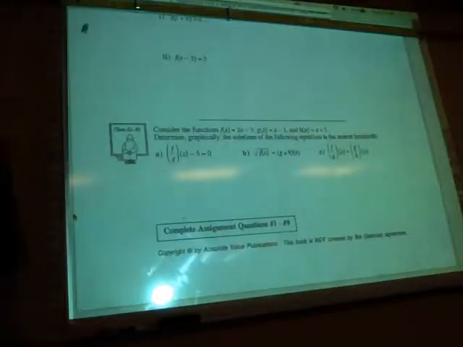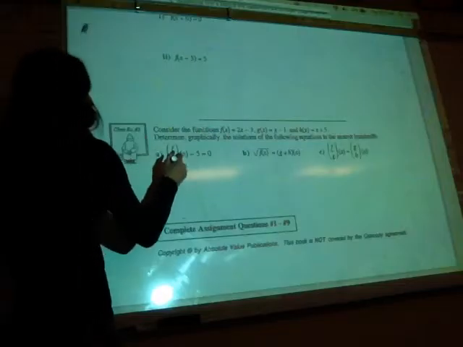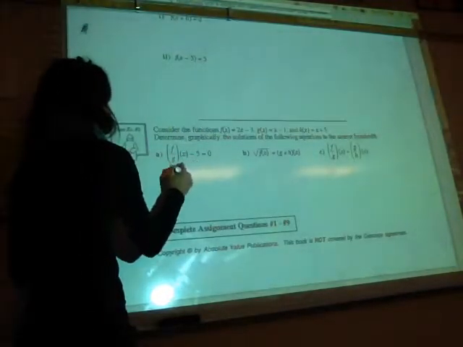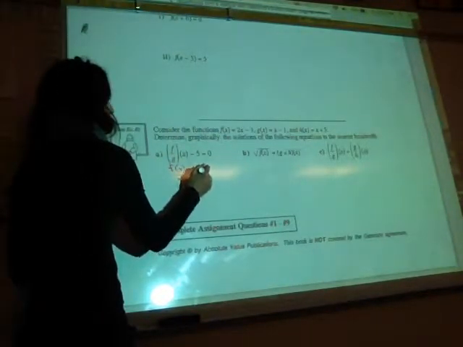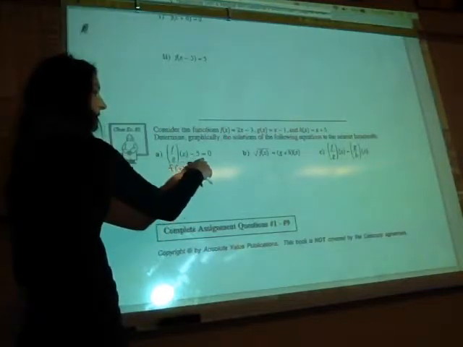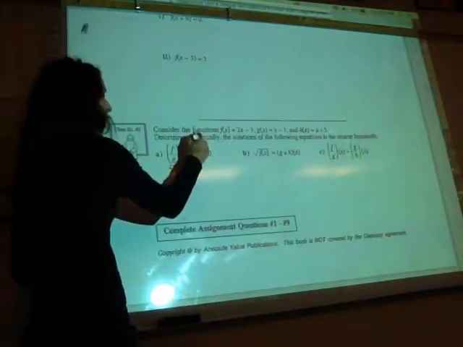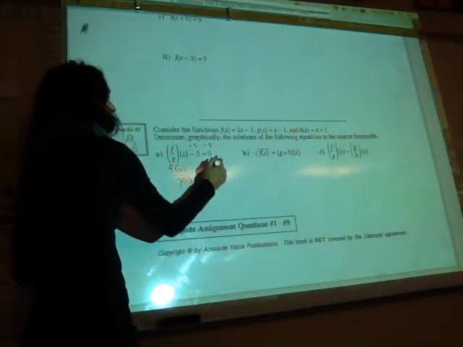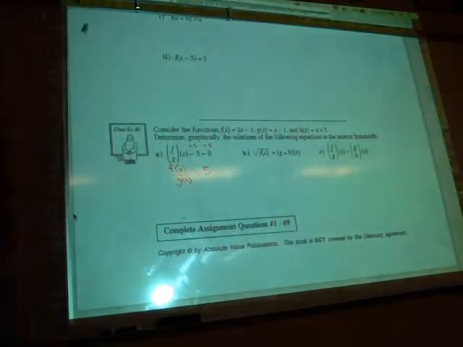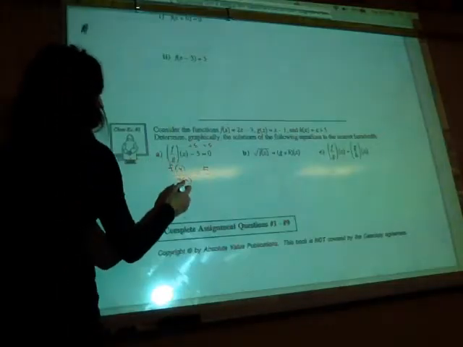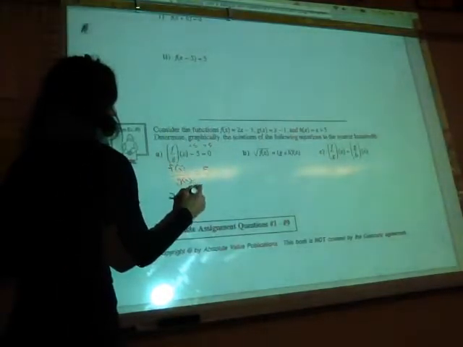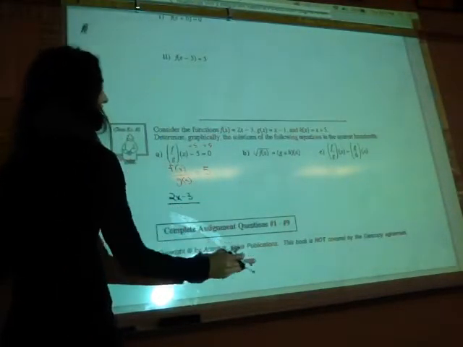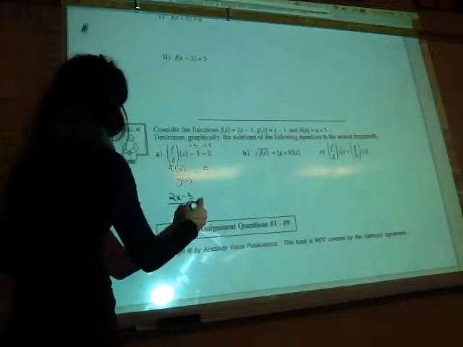Functions unit. Perfect. So we have f of x divided by g of x. And to make life a little bit easier, I'm going to set that equation equal to 5 by adding 5 to both sides. And what was f of x? It was 2x minus 3. And g of x was x minus 1.